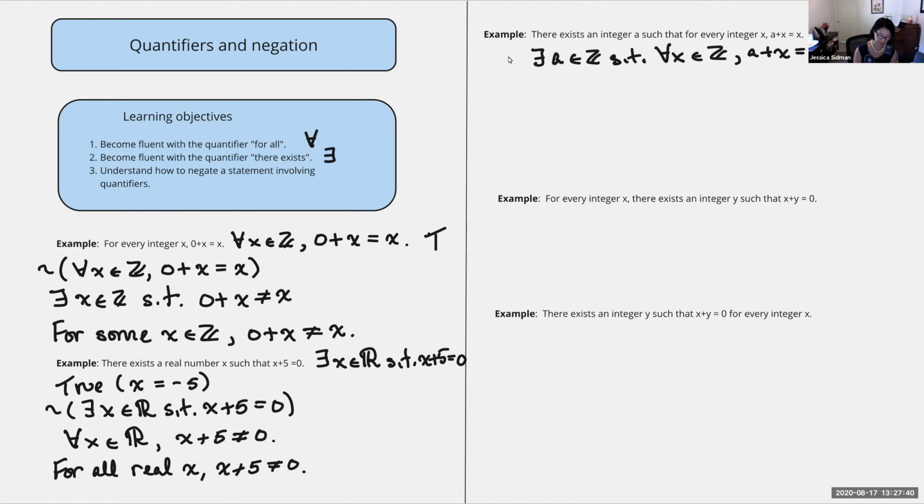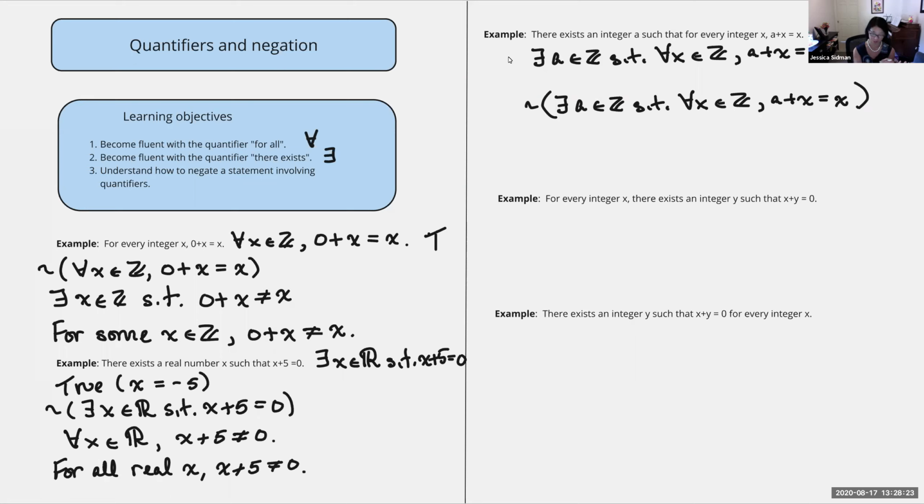We could also look at the negation of this statement. So let me try to see if I can do something fancy. If I take this and I duplicate it, whoa. So I've duplicated it. Now I'm negating it. What does it look like when I negate it? Well, this statement says there exists an a such that for all x, a plus x equals x.